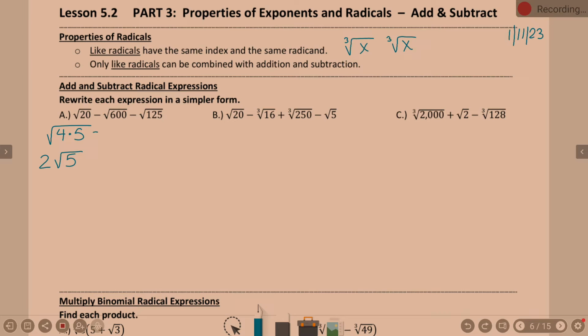Now, keep going. What about 600? Always a good question to ask yourself: is 600 a perfect square? It's not, because you get a decimal on your calculator. But does 600 divide by something on my blue paper? Yes, 100.